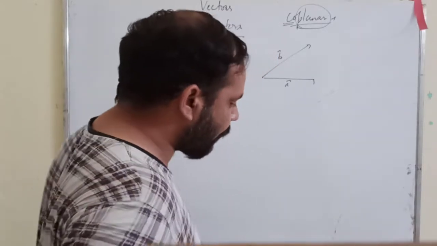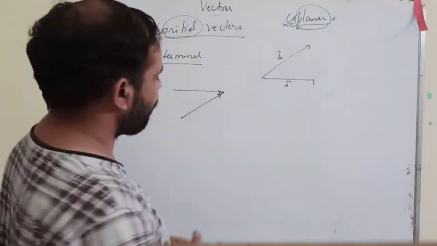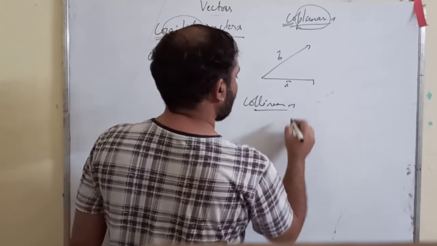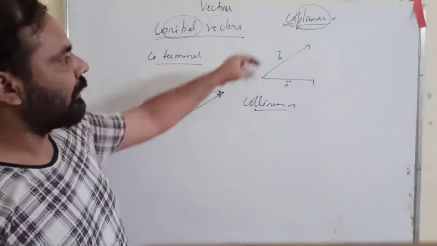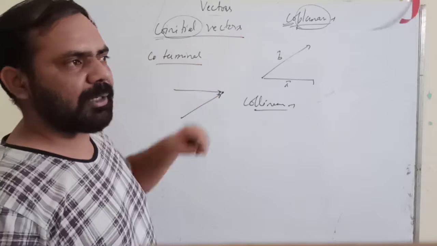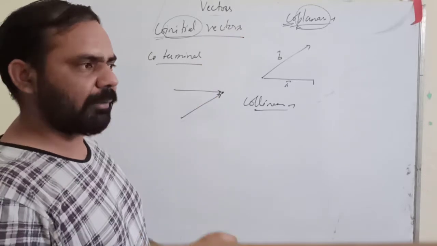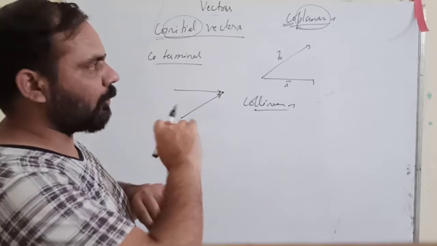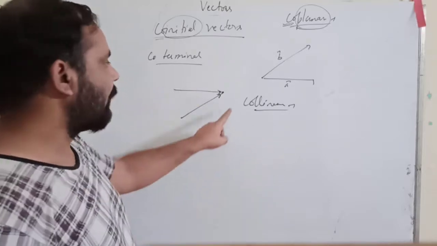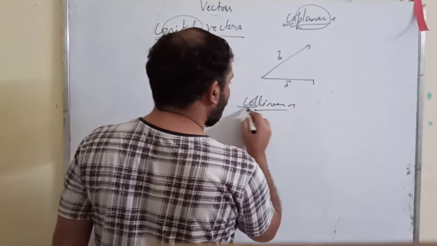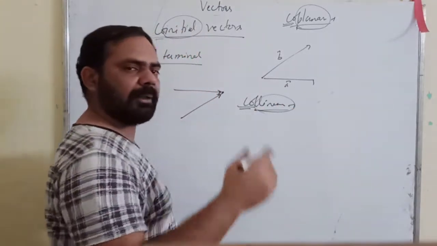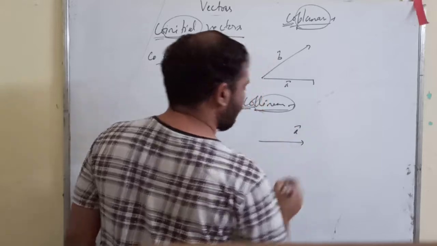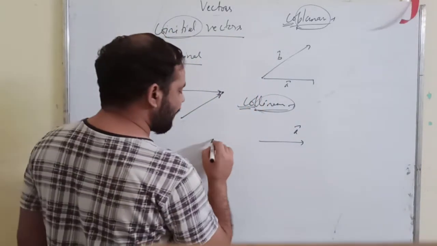Next is collinear vectors. How to check whether vectors are coplanar or not, collinear or not, I will tell you later on. For the time being we are just going through the definitions. Collinear: on the same line. Suppose you have a vector, A vector. What is the baseline of this vector?